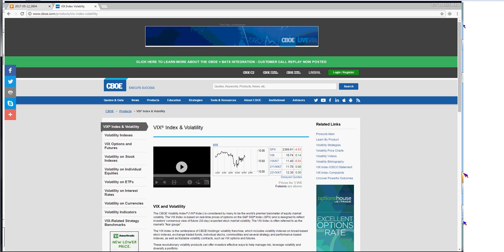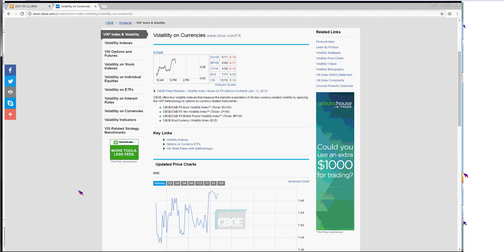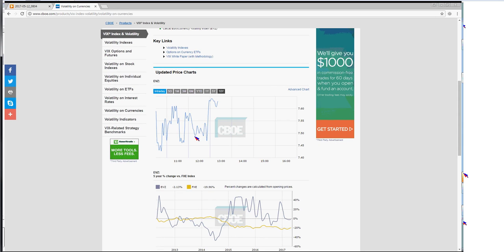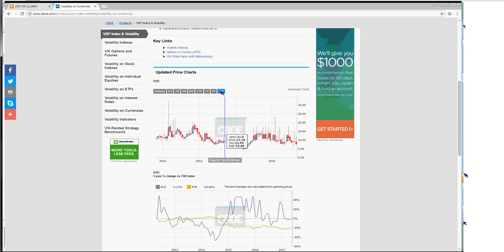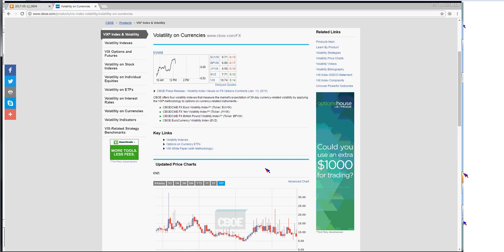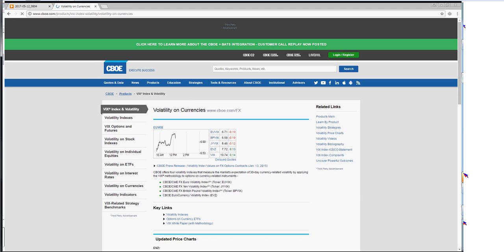Let me see if I just go here, if it'll give me the options. Yeah, I go volatility on currencies. So I go in here and I can look at quotes and see what the volatility is like on various currencies, which is pretty cool. That's the euro.